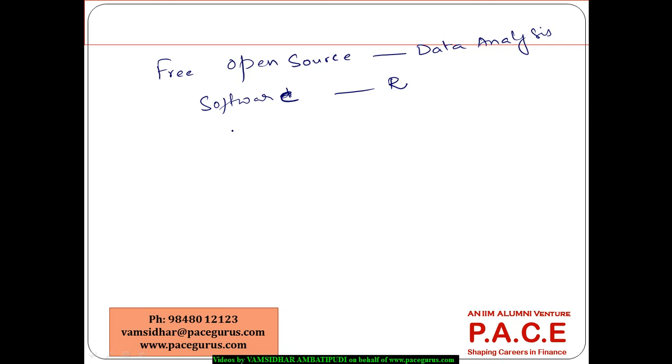Though I can write R in any editor or GUI, there are different integrated development environments associated with R, and we looked at RStudio as one such environment which can make my job much easier.